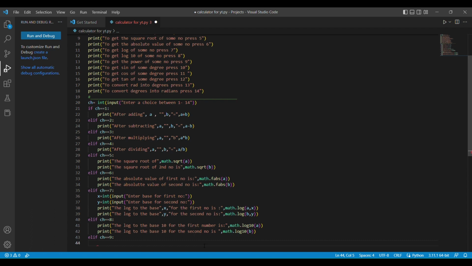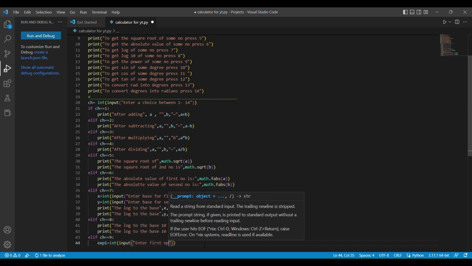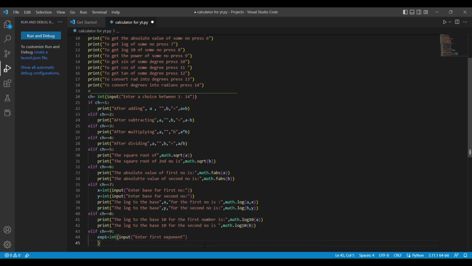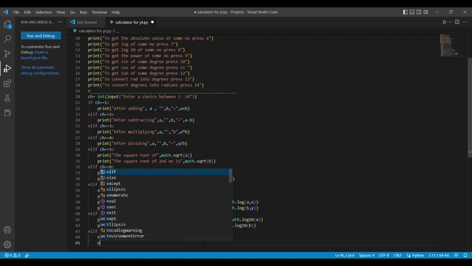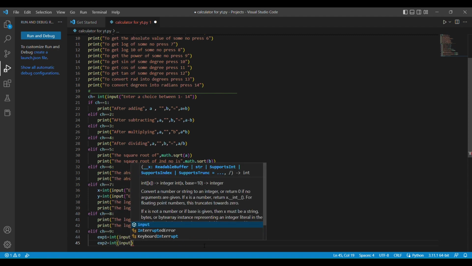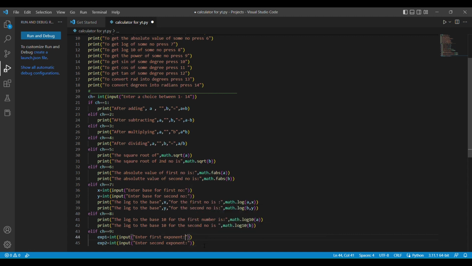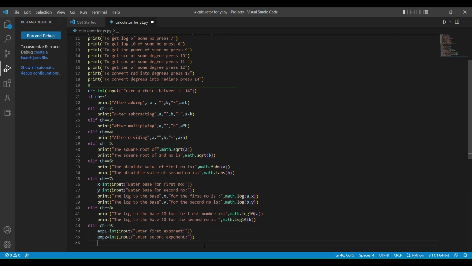So base we already have, those numbers, and now for the exponent we will write exp1 is equal to int input and the first exponent. For exp2 we will write int input and the second exponent. We will also add colons because it will make it more presentable.